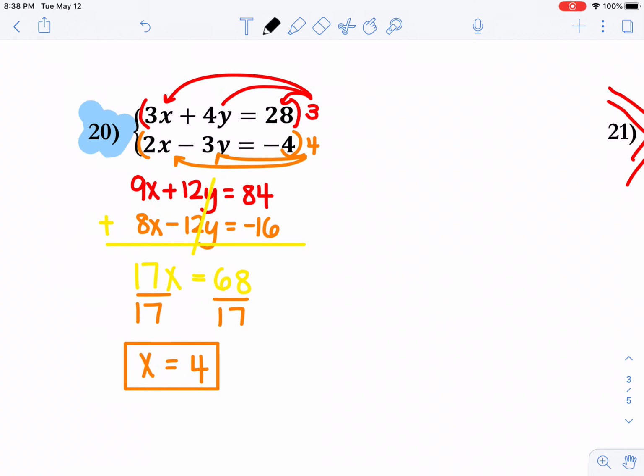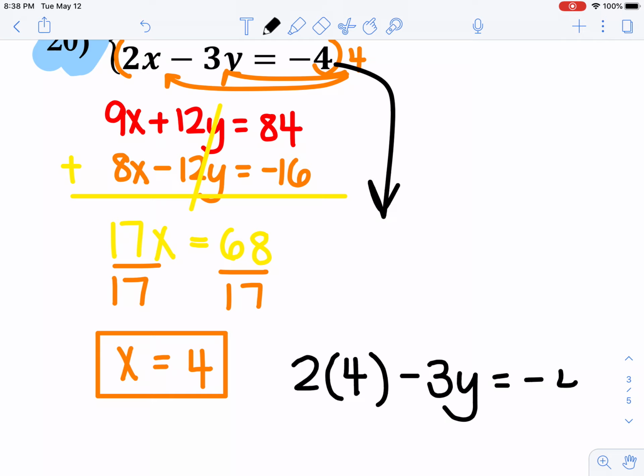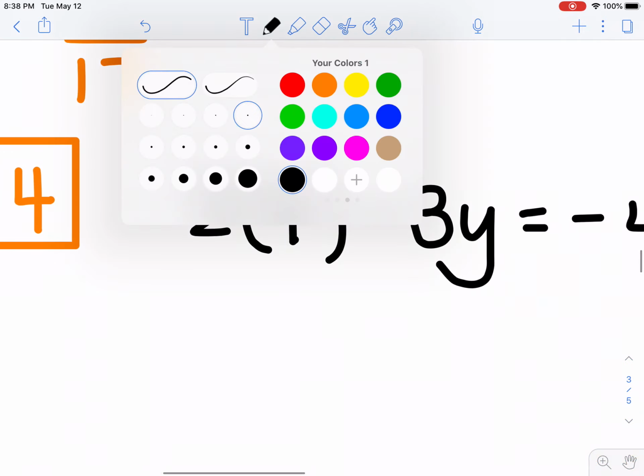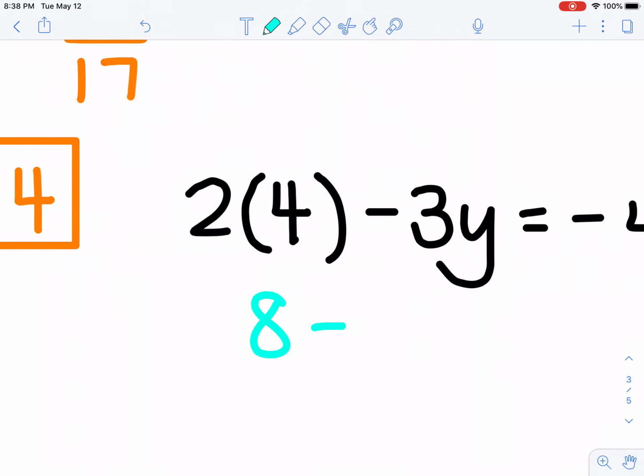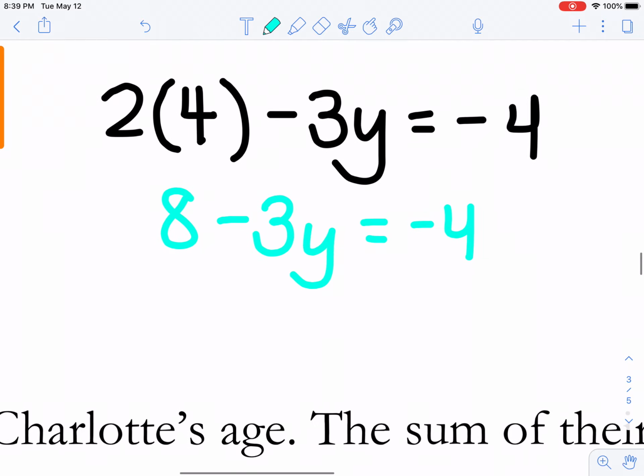It doesn't matter which we plug into. I'm going to plug into the second equation. No particular reason. It just looked easier to me. So 2 times x, which is 4, minus 3y equals negative 4. So 8 minus 3y equals negative 4. Subtract over 8.